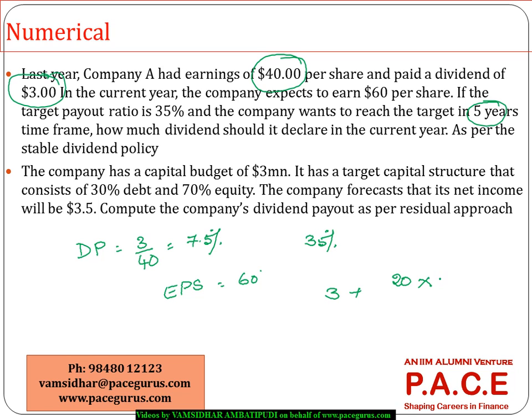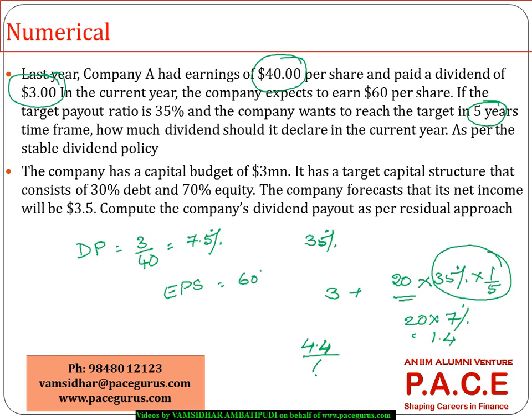The target payout ratio is 35%, and they want to achieve it in 5 years, which in other words means it's better that they grow by 7% this year. So I am increasing 20 by 7%: 20 into 0.07 works out to 1.4. So it's better that they declare a dividend of 4.4 this year.